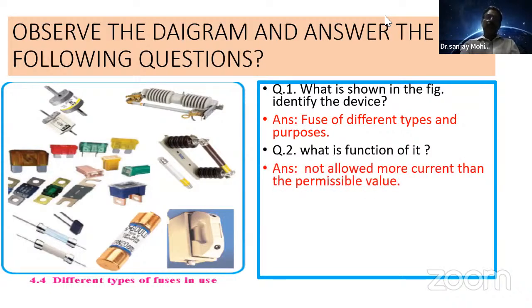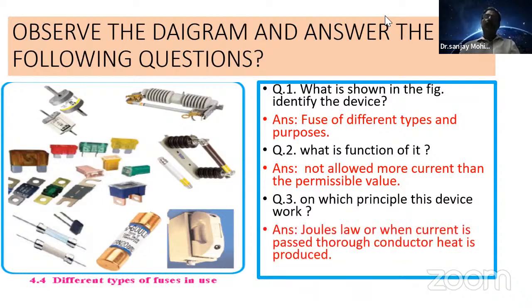The function of the fuse is to not allow more current than the permissible value. And the third question, on which principle does this device work? As I explained in the previous part also, when a greater amount of current passes through the circuit, more heat is generated, and that is Joule's law. So the answer to this question is Joule's law.